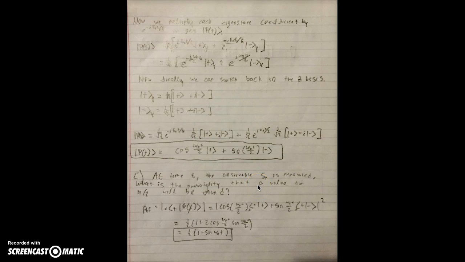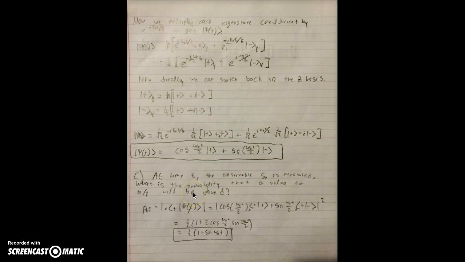So next, part C. At time t, the observable S sub x is measured. What is the probability that a value h bar over 2 will be found? So again, we just use our definition of probability. We know that S sub x has its eigenvalue of h bar over 2 when it's spin up on the x-axis.